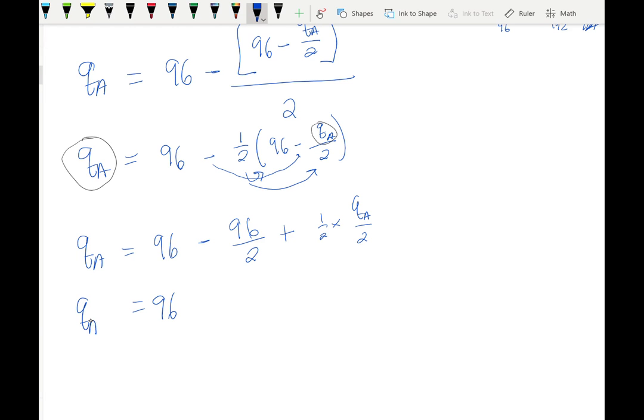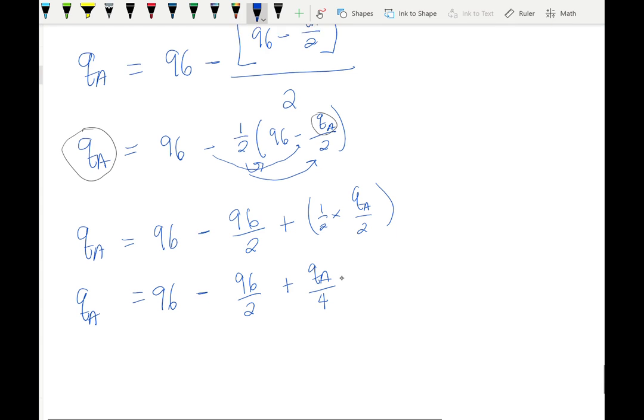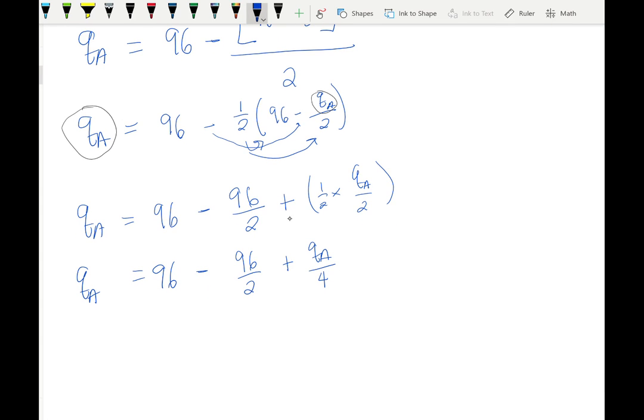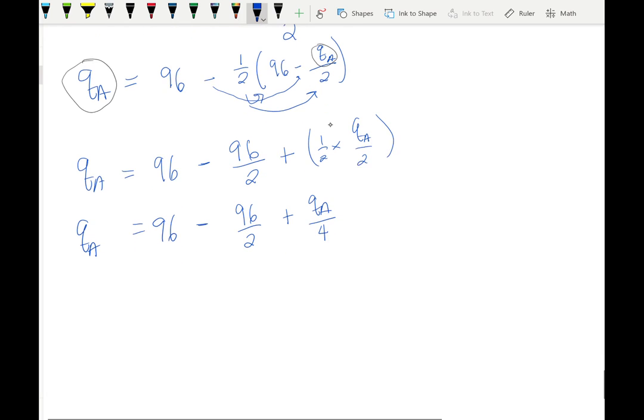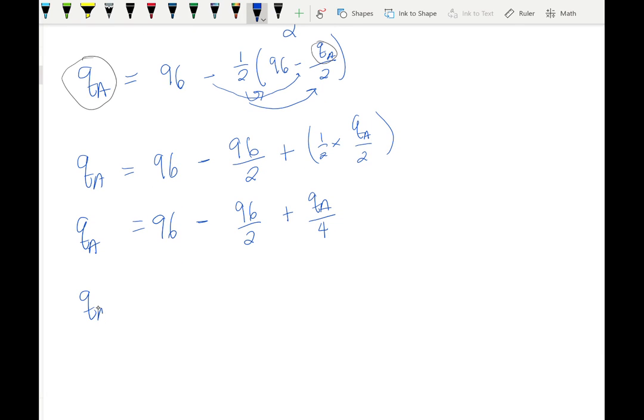So QA is equal to 96 minus 96 over 2 plus QA over 4. Negative times negative is positive. We're applying this negative 1/2 to each of the terms in the parentheses. So we have QA is equal to 96 minus 48 plus QA over 4.